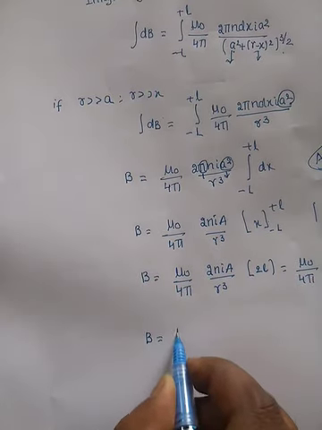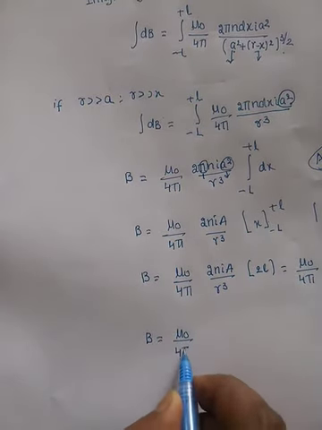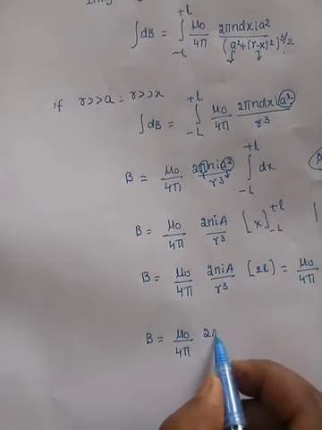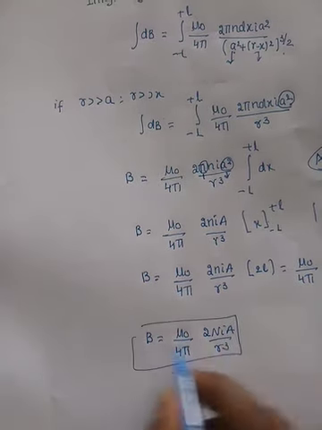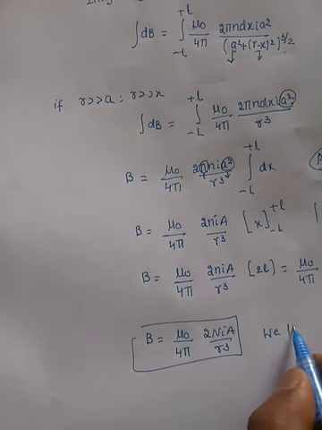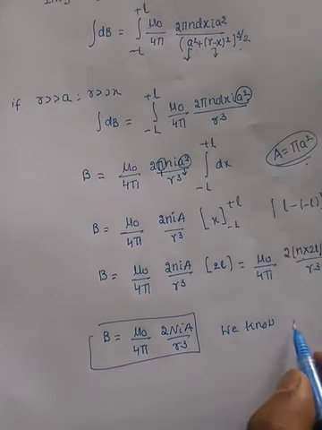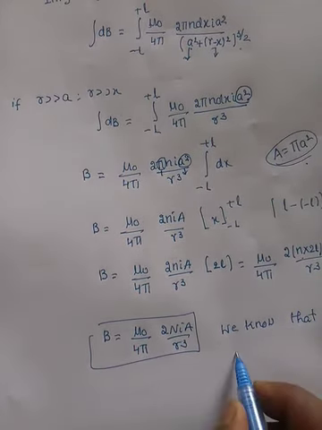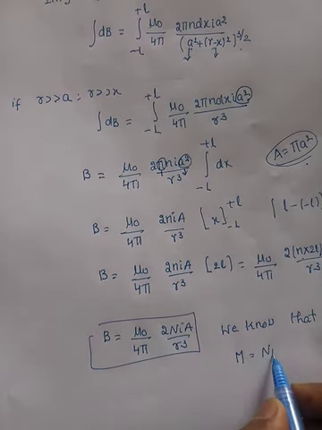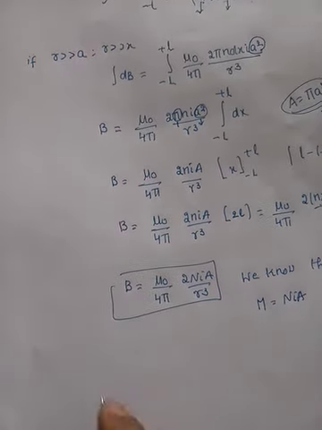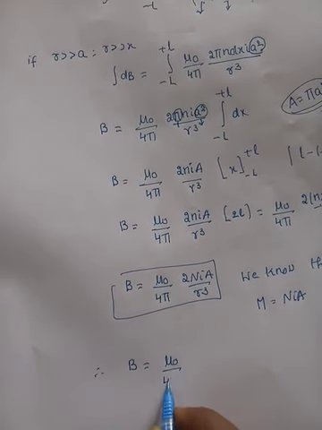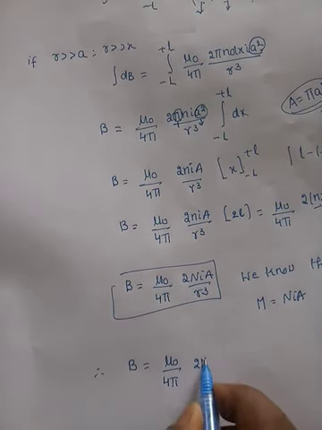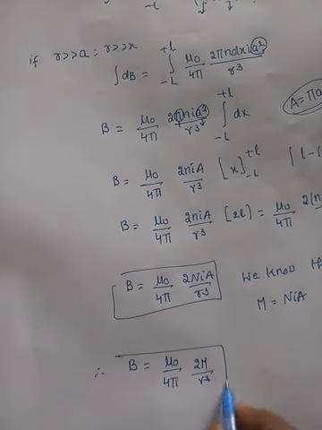B is equal to mu naught by 4 pi, 2 N I a by R cube. Already we know very well the magnetic moment for N turns, M is equal to N I a. Therefore, B is equal to mu naught by 4 pi, 2 M by R cube.